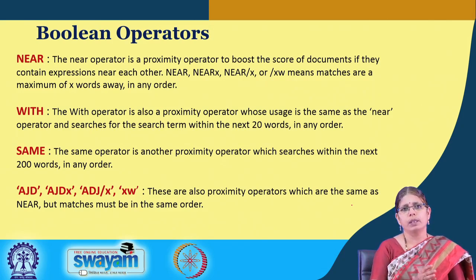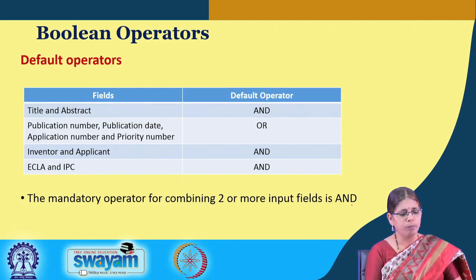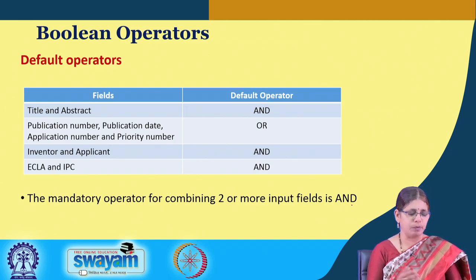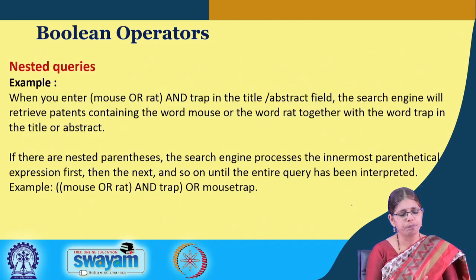So this is how one can use the Boolean operators in combination to do a very effective search of pulling out specific patent data. The default operators that are available in many databases are the AND options and the OR options, and generally one could use any of these to search for specific patterns.